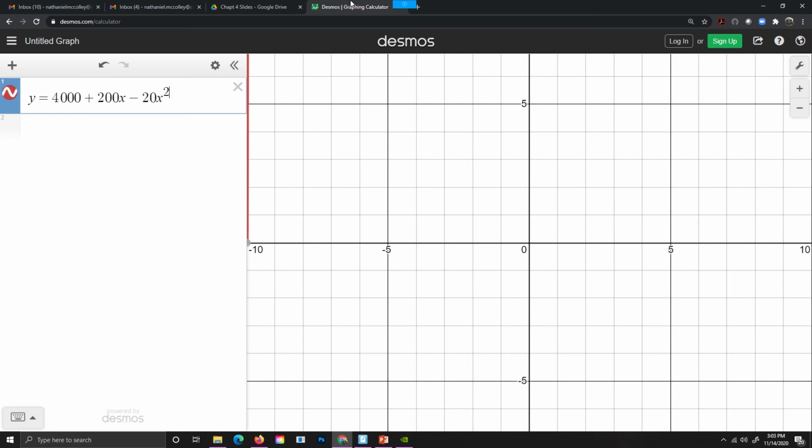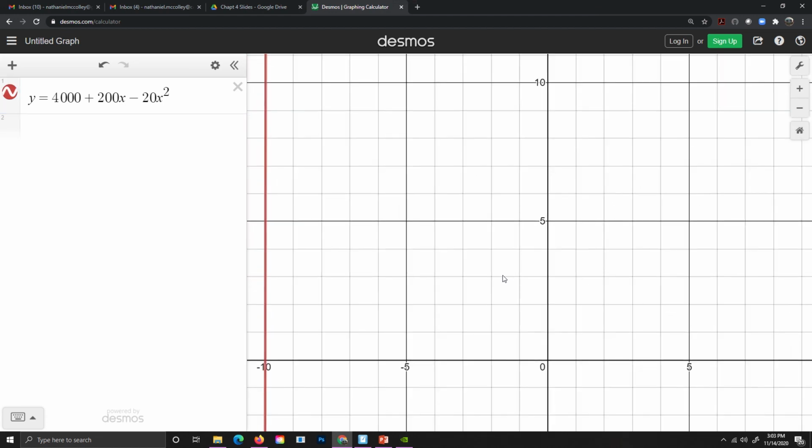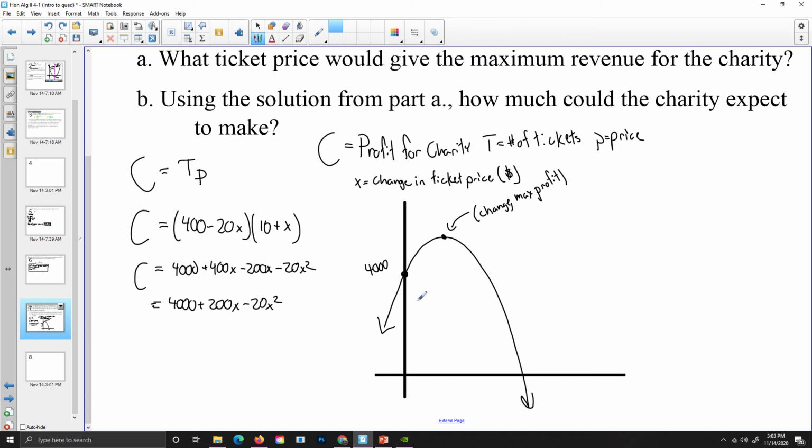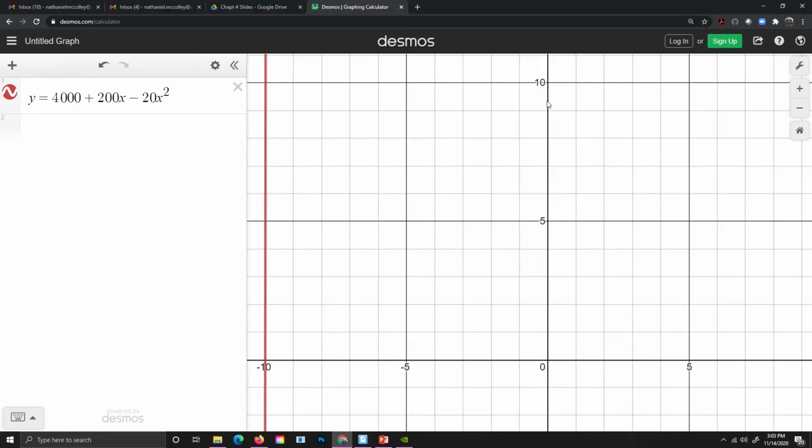Now when I look at that, I only see, because I know it's red because of the red next to the 1, but I only see this little bit here. Clearly, we're not going to see a whole lot of this graph, and we know that's true because we took the time to picture in our head what the graph was going to look like. The y-intercept is 4,000, and if we look at this graph, it only goes up to 10.